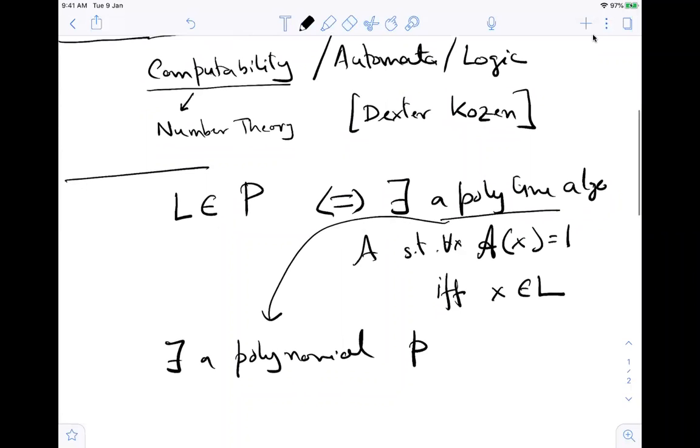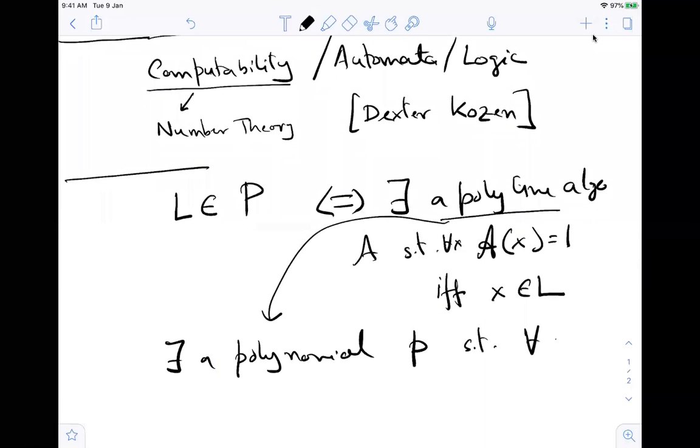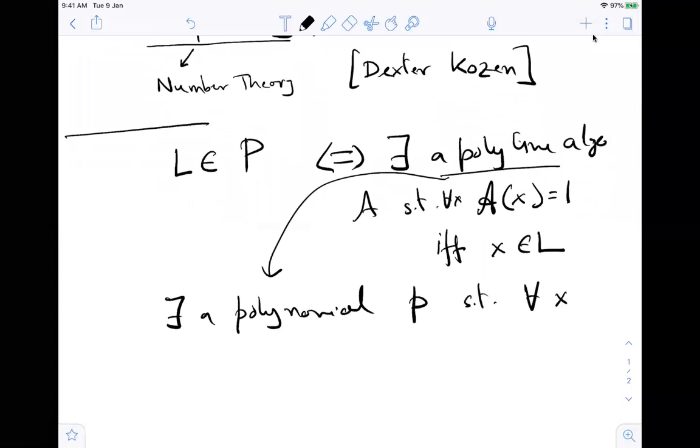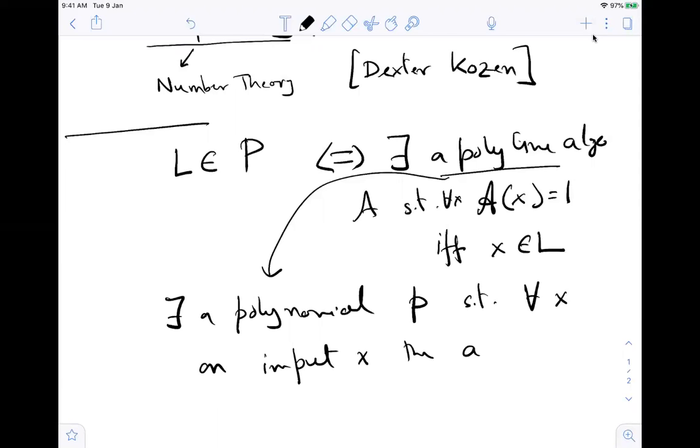There is a polynomial P such that for all X, on input X, the algorithm A runs for less than or equal to poly time.